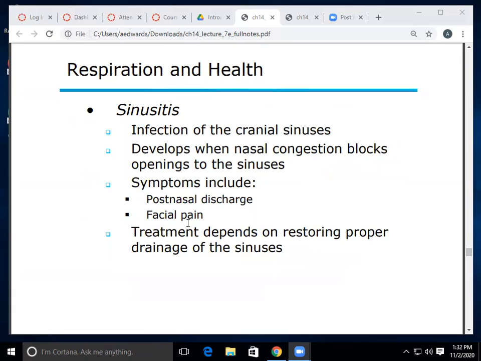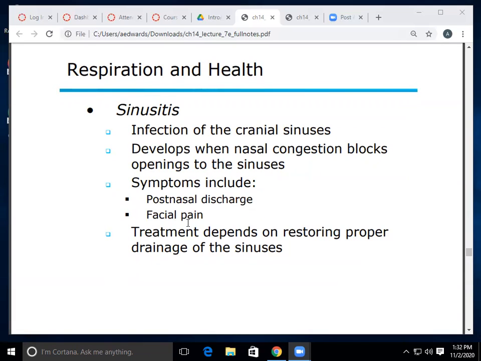All right, another health implication is sinusitis. It's an infection in the cranial sinuses, okay? And it's going to happen when nasal congestion starts blocking the openings to your sinuses. Remember, like the frontal sinus, sphenoidal sinus. All right, so symptoms of sinusitis include what we call post-nasal discharge, or that runny nose, and facial pain.